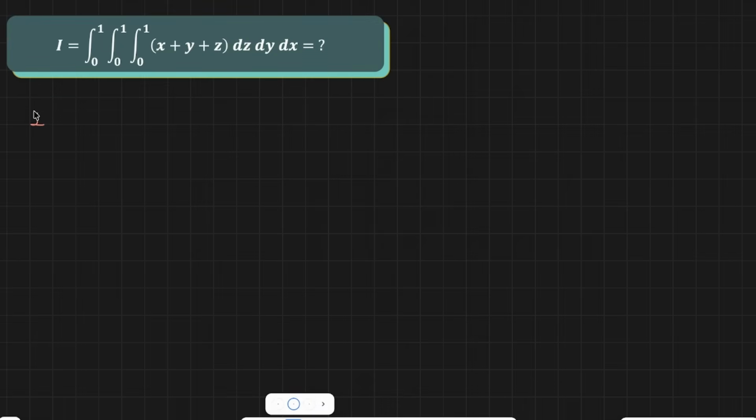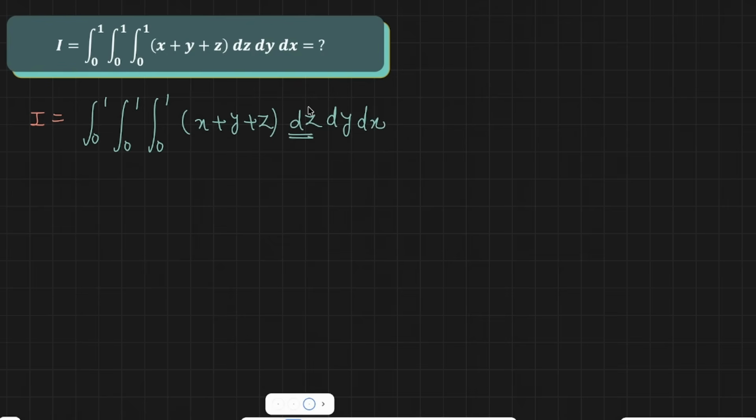Let's say I have this question. It is very easy. See, limits 0 to 1, 0 to 1, 0 to 1. The integrand is x plus y plus z, and it is dz dy dx. This is the limit of z, this is the limit of y, this is the limit of x. First I will integrate with respect to z.